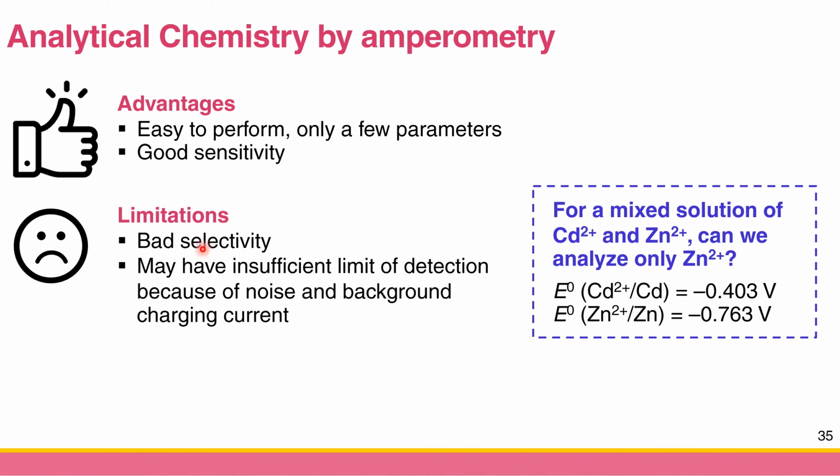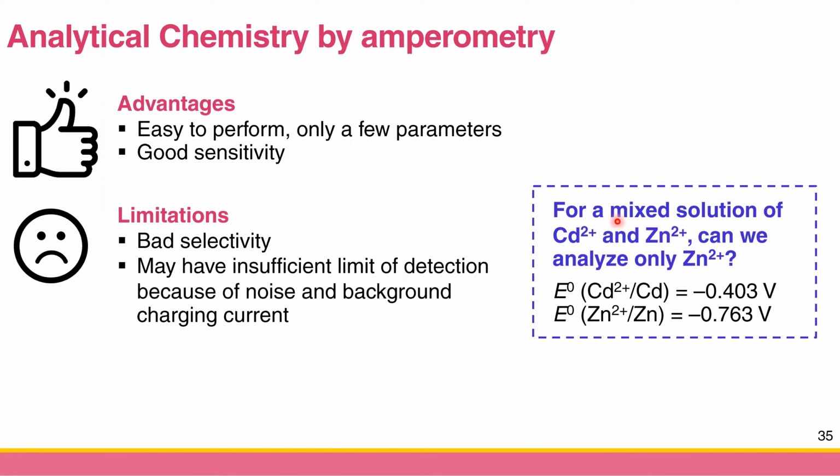First of all, it has bad selectivity, because from the beginning until now, we have talked about only one electroactive species. But what if we have a mixed solution of more than one electroactive species? For example, now we're going to do some reduction. You can see in this box, we're going to do the reduction, right? So we have to apply a potential lower than its standard or formal potential.